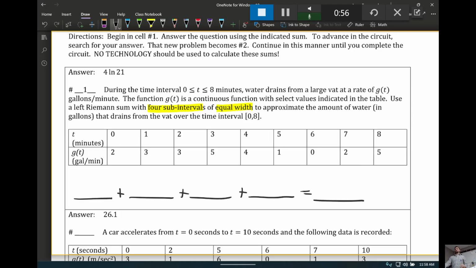Riemann sums, again, are just a way to estimate area under a curve by adding up rectangles. We have left Riemann sums, midpoint Riemann sums, and right Riemann sums. And there's trapezoidal sums. I think 1 or 2 of the questions on this are about trapezoidal. So this one wants us to use left Riemann sums.